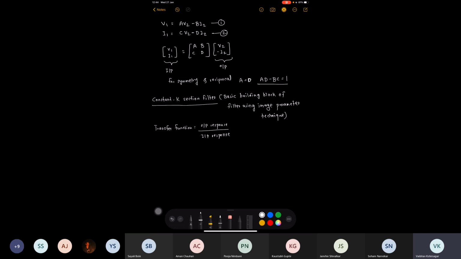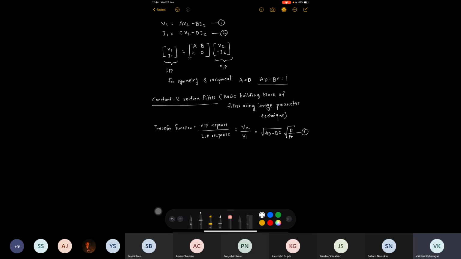If we apply the same to the voltages, V2 is the output voltage, V1 is the input voltage. So in terms of ABCD, how can it be written? If you analyze, you will get the square root of AD minus BC multiplied by another square root of D by A. Let us call this equation number 1. So transfer function expressed in terms of voltage ratio is given by equation number 1.